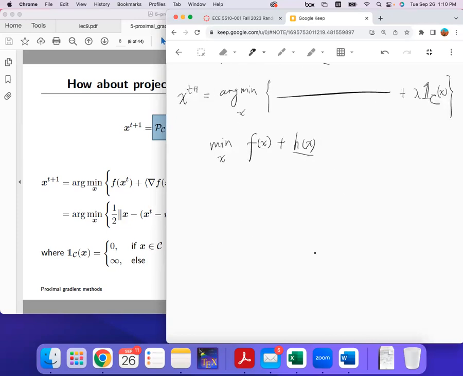For this problem, the idea will be very similar. For this part, we use that local quadratic Taylor approximation, and then we leave this part untouched. And the algorithm we design is based on such an approximation model.